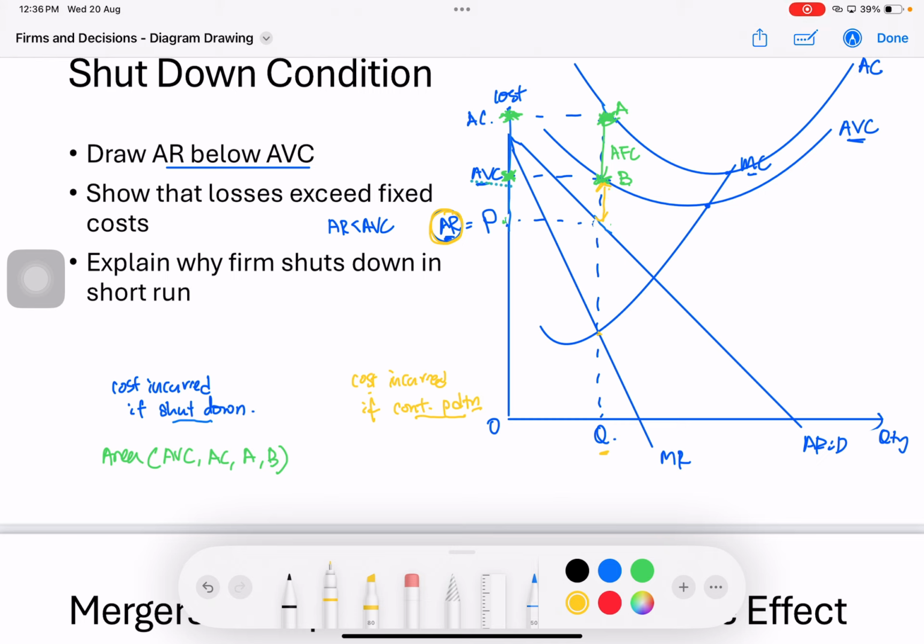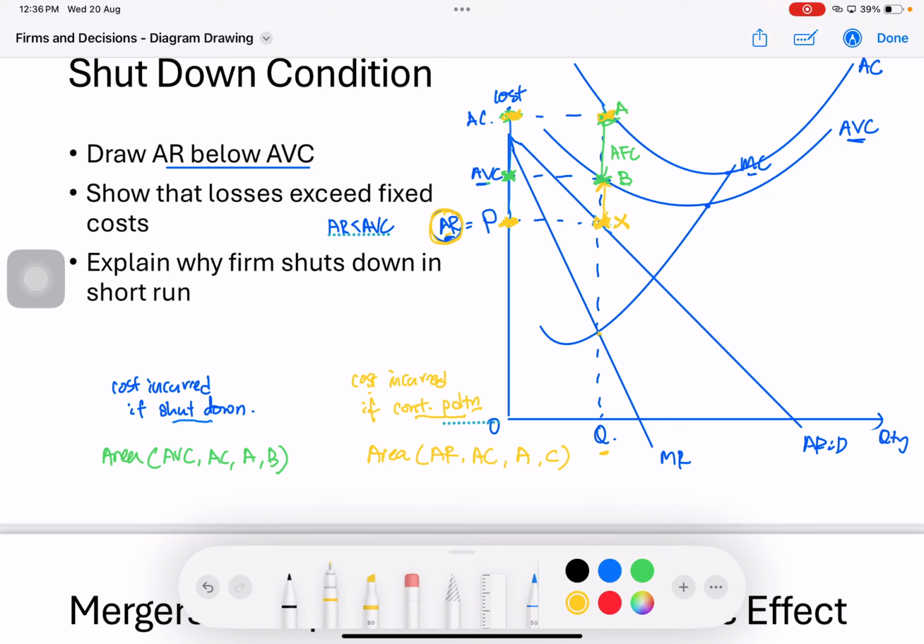Therefore, the cost incurred if you continue production will be AR, AC, A, and over here, X. Because I don't want to use the word C because AC, AVC, so X. Up to you how you want to write it. Area AR, AC, A, and C.